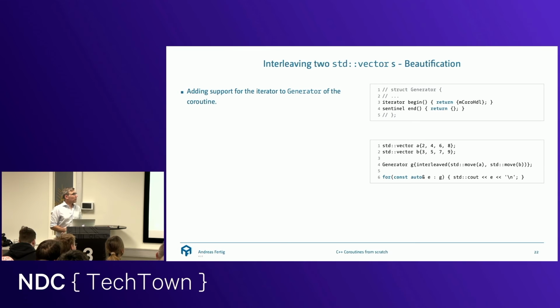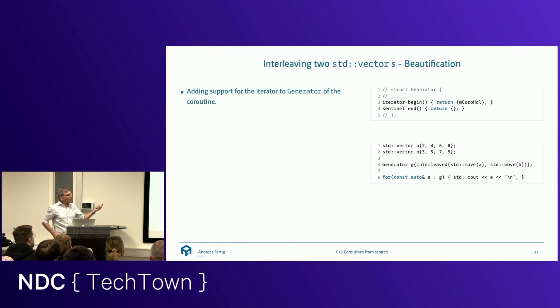Begin here returns my iterator by creating an iterator by passing the coroutine handle, and end here returns my sentinel type. So this is just to have the machinery work, that I have something that I can compare begin and end with. And because my operator equals equals takes a sentinel type, I can always compare to the end, but the coroutine knows the end. I do not have to pass it in the actual call to end.